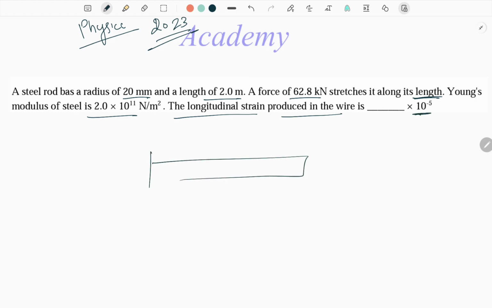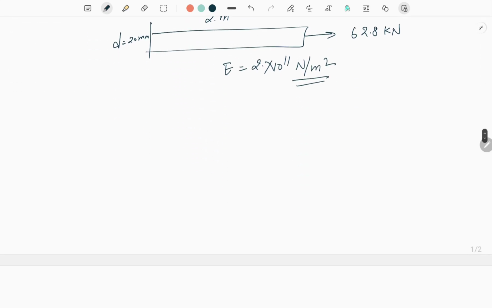so this is our wire having a length of 2 meter, diameter 20 mm, force acting is 62.8 kilonewton, and E is equal to 2 into 10 to the power 11 Newton per meter square.